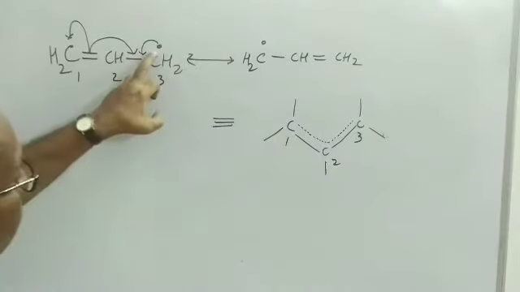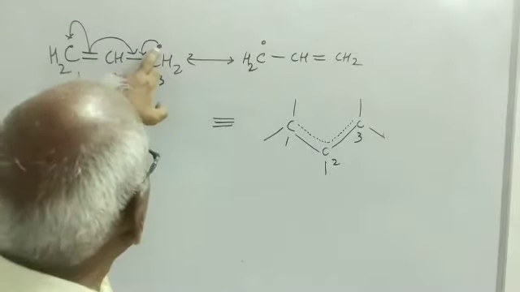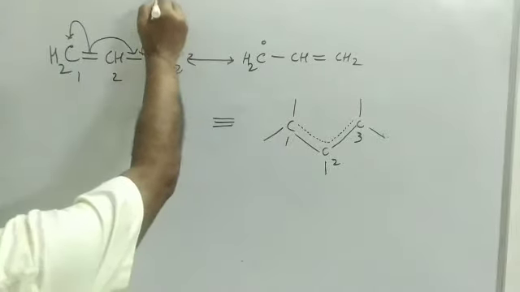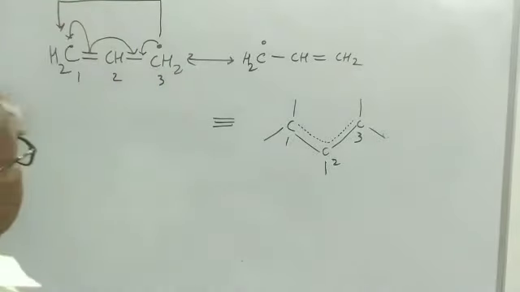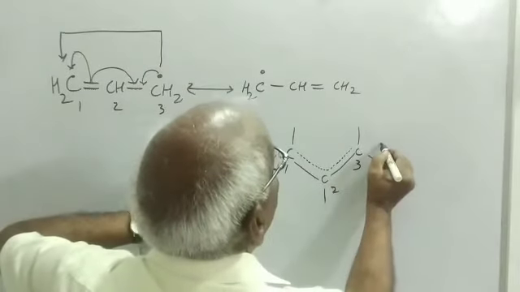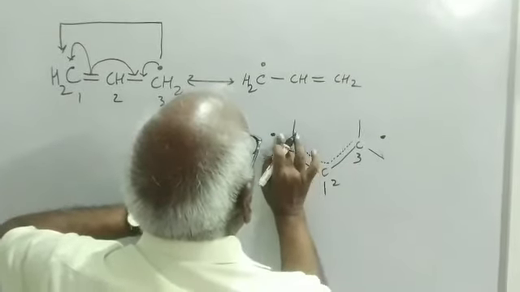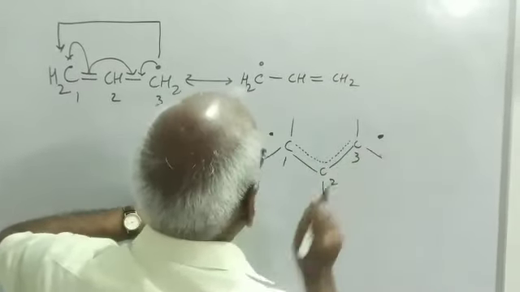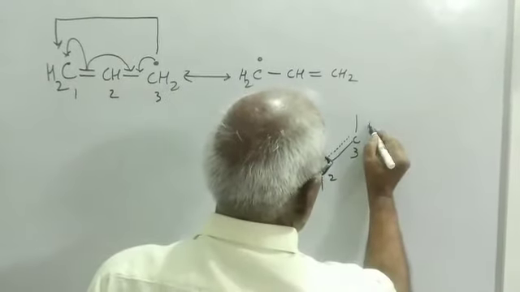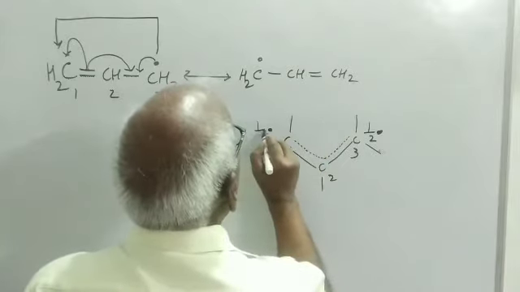This is the resonating structure. And one electron, actually one electron delocalized from this carbon atom to this carbon atom. This unpaired electron has gone to that position. So it starts from this carbon and goes over here. What will happen? Half electron of this goes to half here.